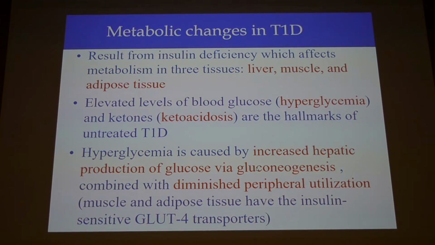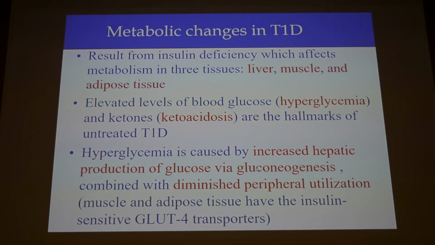Why hyperglycemia, we said? There is no insulin, right? So there is nothing to stop the liver from making glucose. So gluconeogenesis is going on and on, non-stop. And also, the periphery is not using that sugar because we don't have enough GLUT4 because there is no insulin.